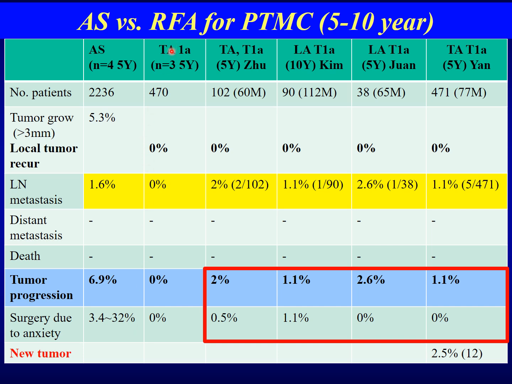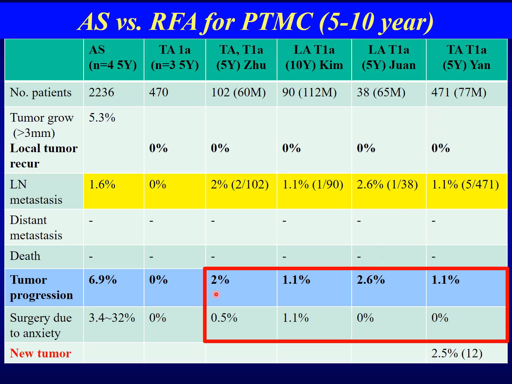This is another meta-analysis, of thermal ablation. The number of patients was 470, and the tumor progression was 0% in this meta-analysis, and surgery due to anxiety was also 0%. After this meta-analysis of thermal ablation, 4 studies with more than 5 years of follow-up were reported.